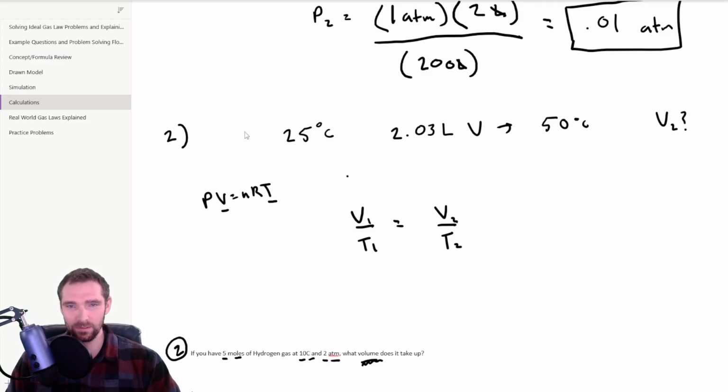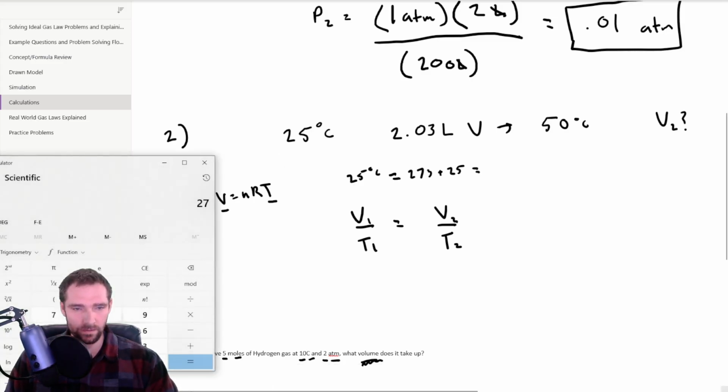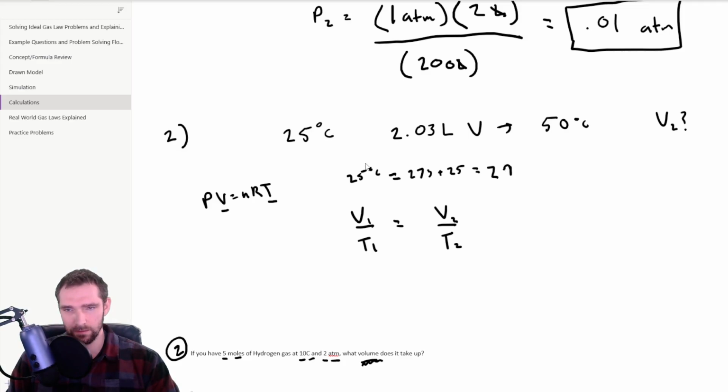So 25 degrees Celsius is equal to, I think we have to add the 273 onto that. And that turns it into Kelvin, right? So if we do that, we get 298 degrees Kelvin.